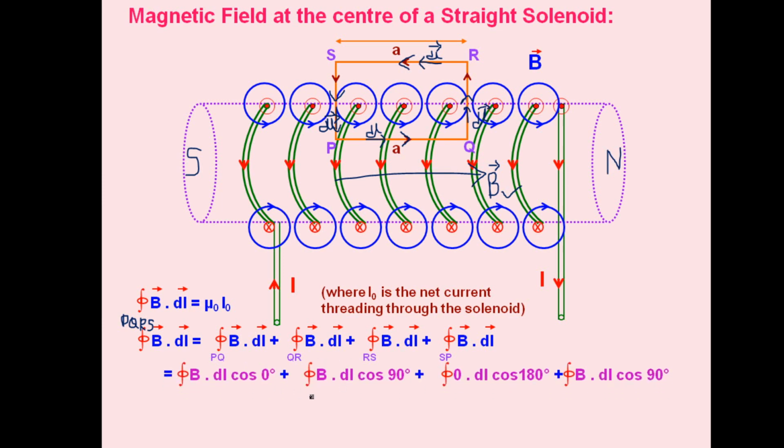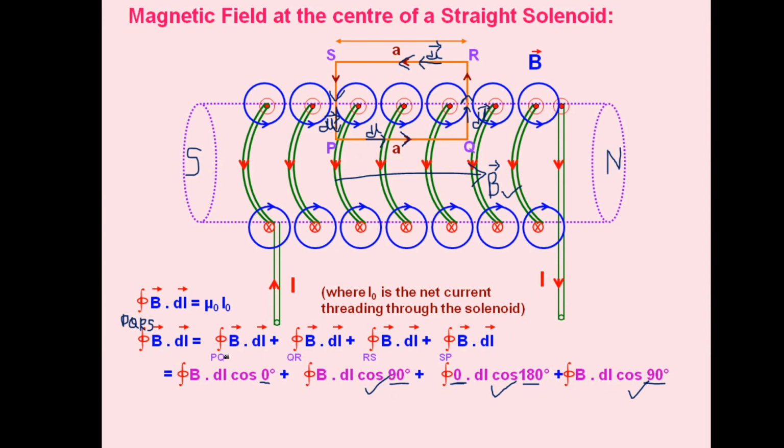Now substituting the angles, here we have angle 0, which we have already discussed, here angle 90, here angle 180 and here angle 90 again. Now if we assume that magnetic field is existing here but not outside, then for this part the angle is giving 0 magnetic field, this part is cos 90 which will be 0, here magnetic field is 0, so this part is also 0, and cos 90 is again 0.